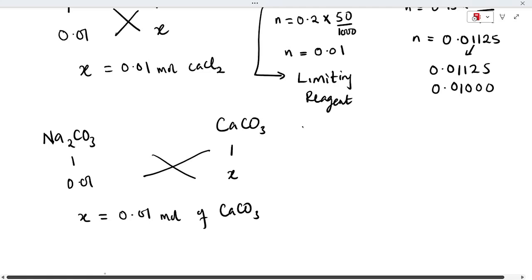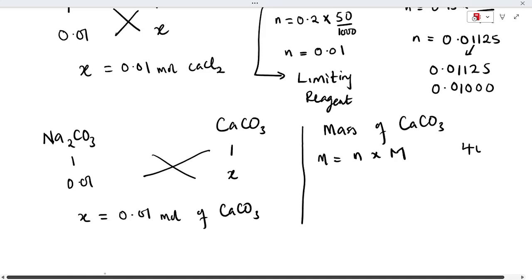But remember, the question said find the mass, not the number of moles. Remember the next formula? Mass equals the number of moles times the molar mass. If you don't want to waste time, the molar mass of calcium carbonate is 100. Calcium is 40, carbon is 12, oxygen, the atomic mass is 16 times 3, that is 48.